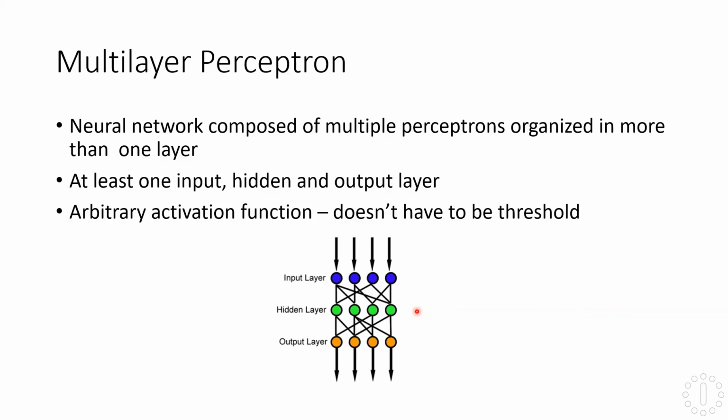At the very least, if we want to have a multi-layer network, we want to have an input layer, one hidden layer, and one output layer. But we can also have multiple hidden layers between the input and the output layers, so it doesn't just have to be one.